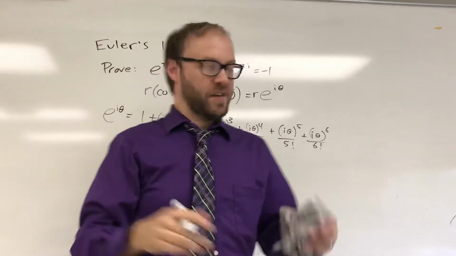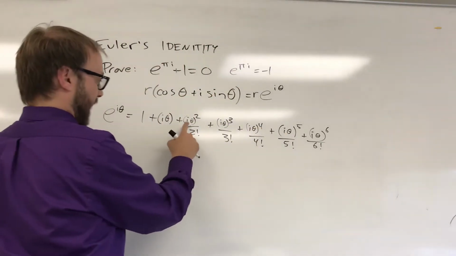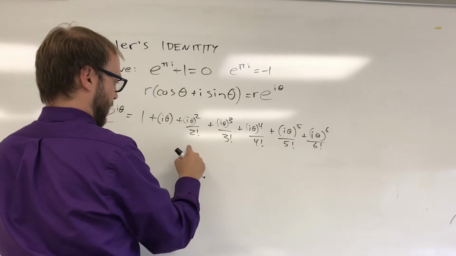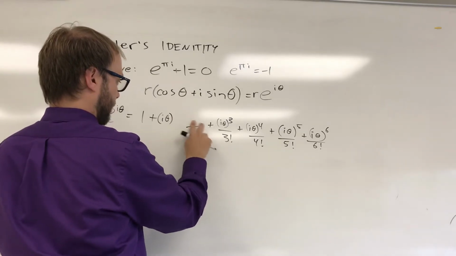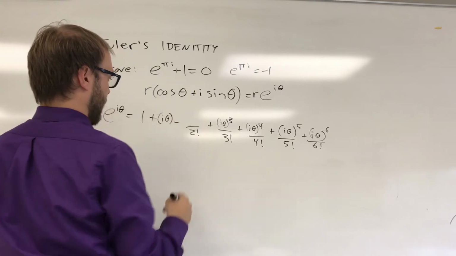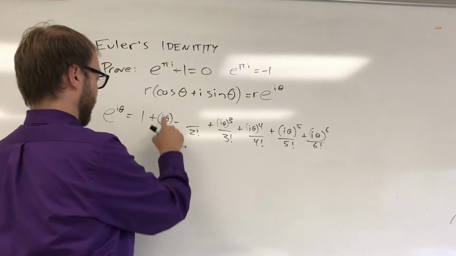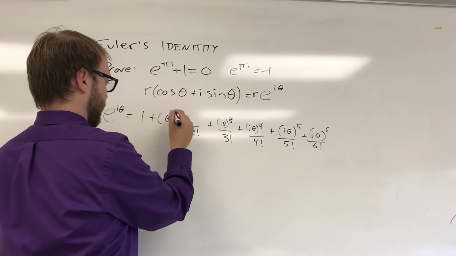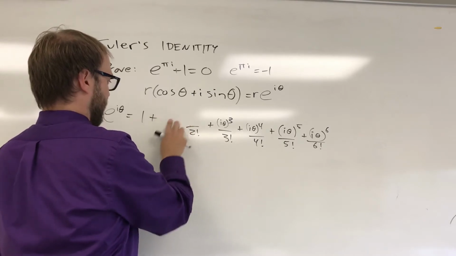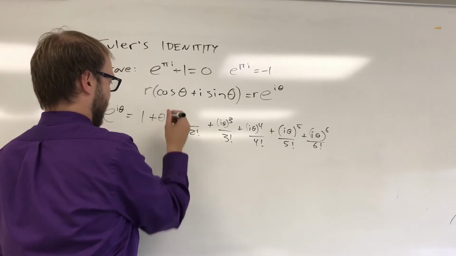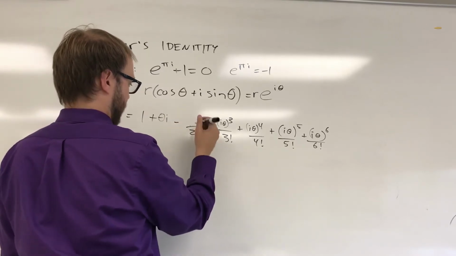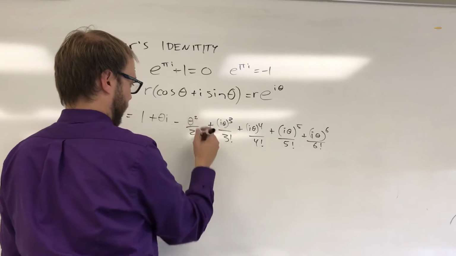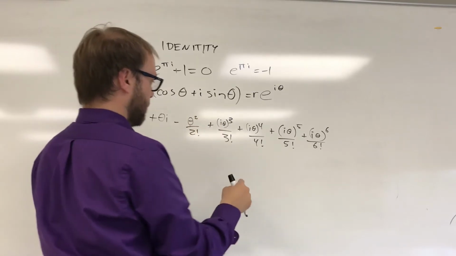And I can try to simplify all of this. So i squared is -1. I'm going to factor out the i here. So I'll write this as theta times i, and then I'm going to have minus theta squared over 2 factorial.